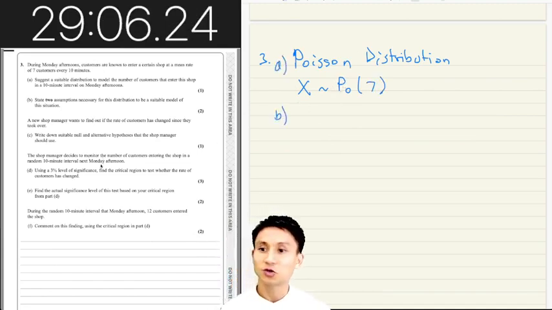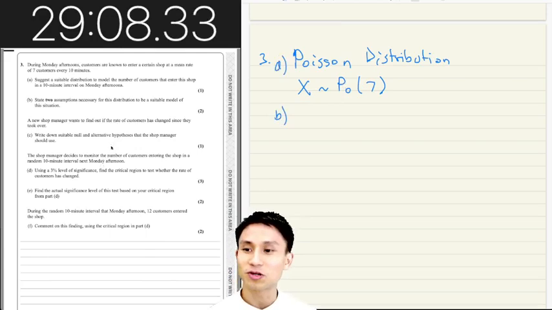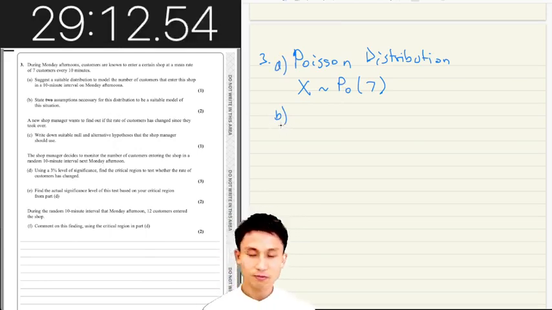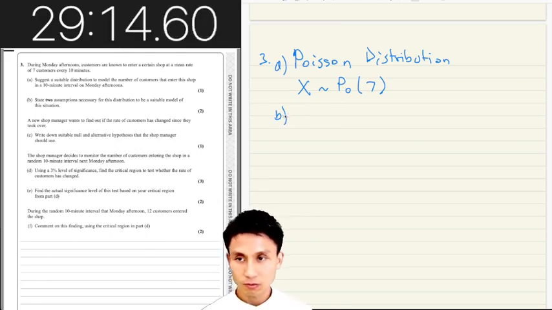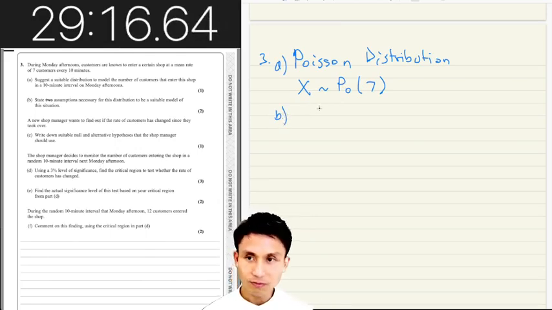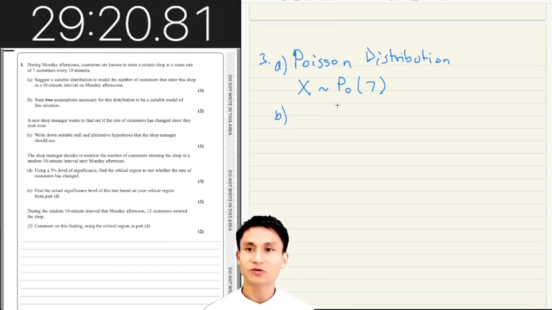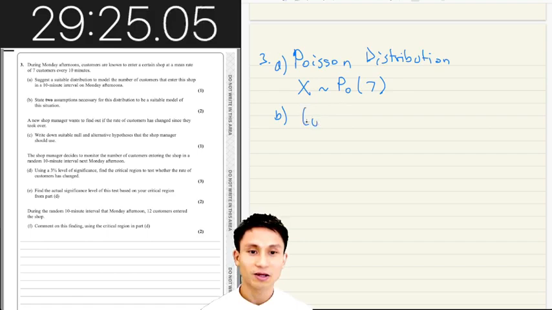Part B, state 2 assumptions. This is another important one, necessary for this distribution to be suitable. Okay, so the first assumption is that the customers entering this shop are independent.